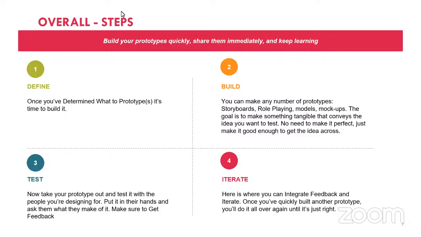So here is where you can integrate feedback. Once you've quickly built another prototype, you'll do it over and over again until you get it right, until it is right. You will keep going back to that community. When they give you feedback, you come back and iterate. Iterate is you're incorporating their feedback. You're making those changes that they have asked of you.